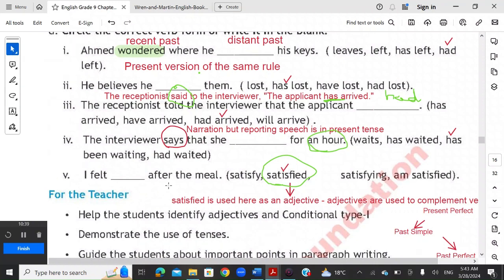And we have already studied that sometimes adjectives are used to complement a verb. Hence, this adjective is used here as a complement of the verb. I felt satisfied after the meal. I hope this part is clear.